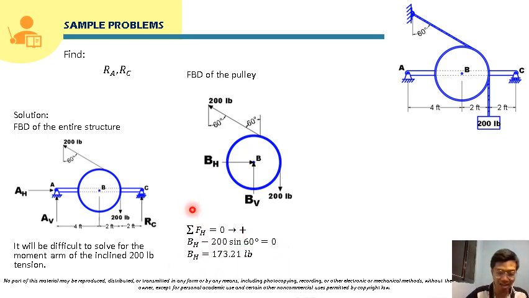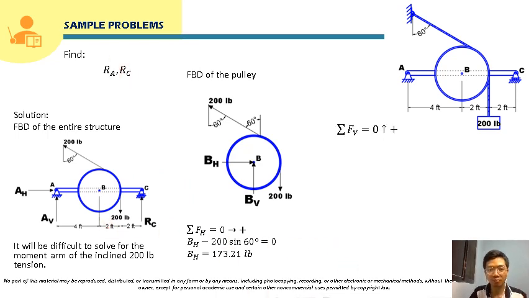For BH, we just transpose negative 200 sine 60 degrees to the other side, so BH is 200 sine 60, which is 173.21 pounds. We are not asked to solve for the reaction at B, so no need to box this.